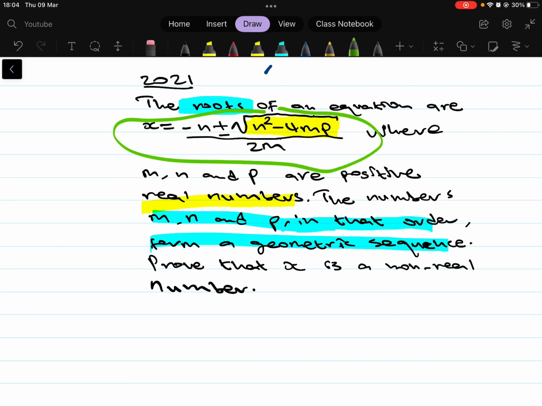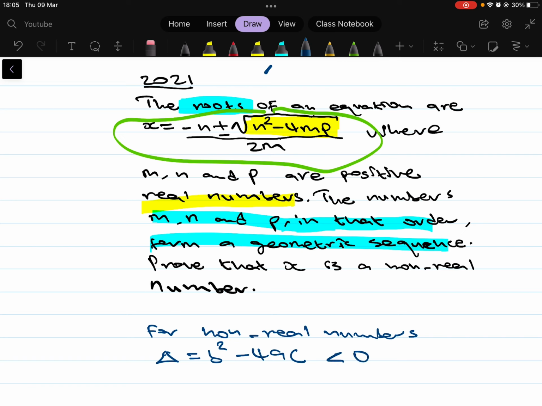So for non-real numbers, if you remember from nature of roots, the discriminant, which is b squared minus 4ac, that's the part inside the square root for a quadratic equation, is less than 0.